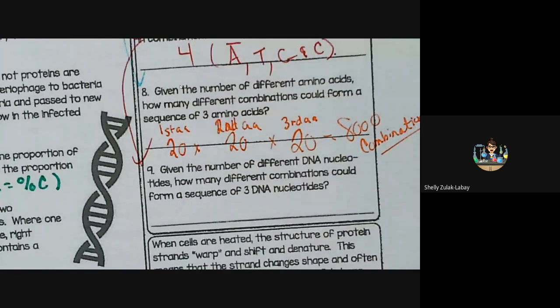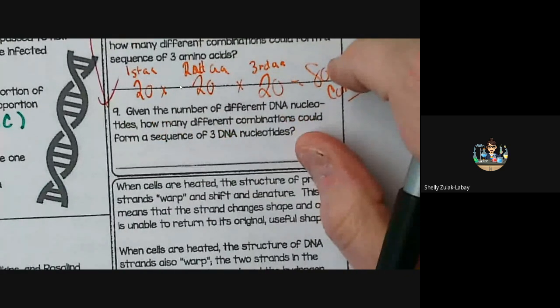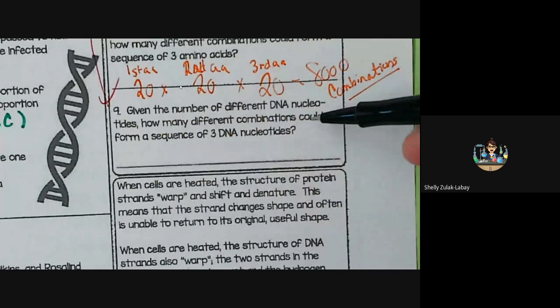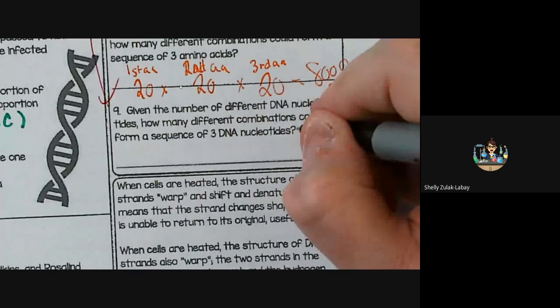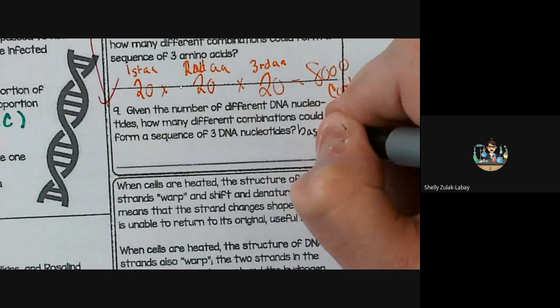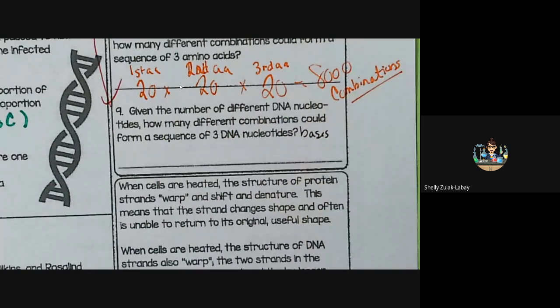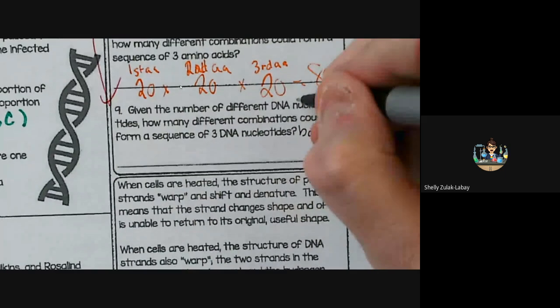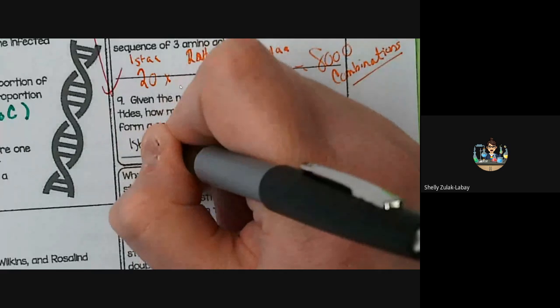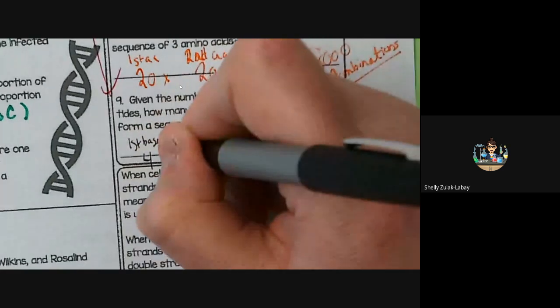So if we did the same perm and com calculation, how many different combinations of bases would be created if we have 3 nucleotides with bases side by side? So our first base could be any of the 4 options.